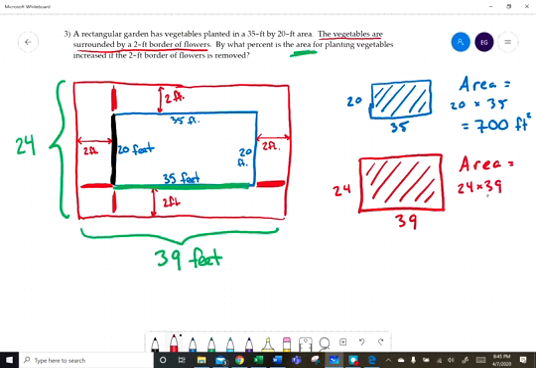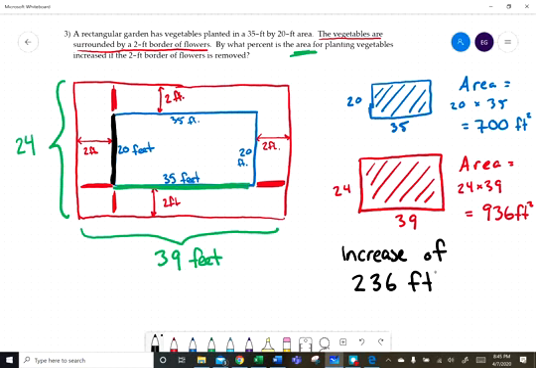And with the help of a calculator, that is equal to 936 square feet. Okay, so we went from 700 up to 936. So that's an increase of 236 square feet.